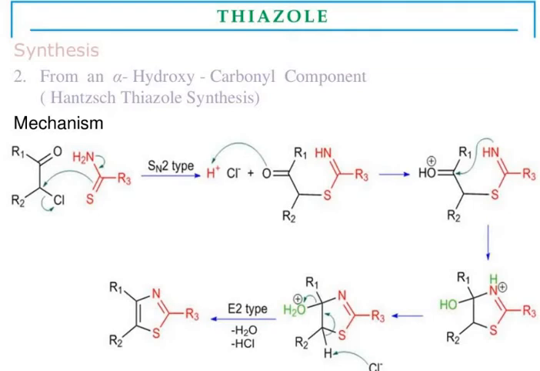You can see H plus is approaching oxygen to activate it for the nucleophilic attack on carbon, and then cyclization again. You can see there is a hydrogen, NOH. Now here dehydration occurs, an E2 type reaction, meaning formation of double bonds, and this is your final tri-substituted thiazole.